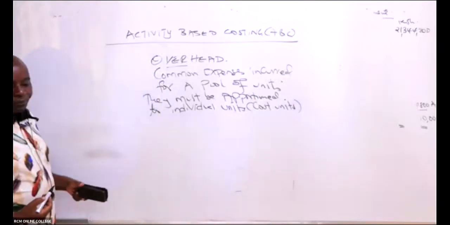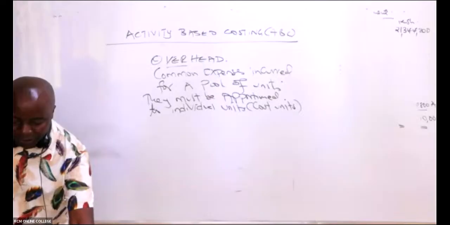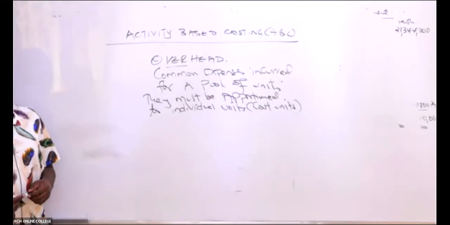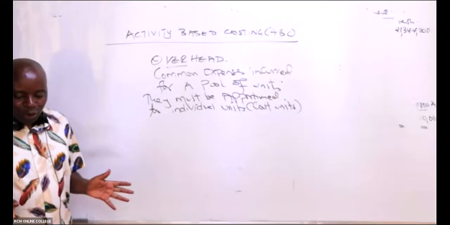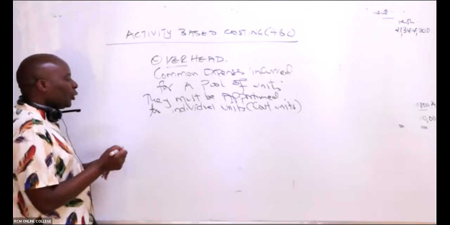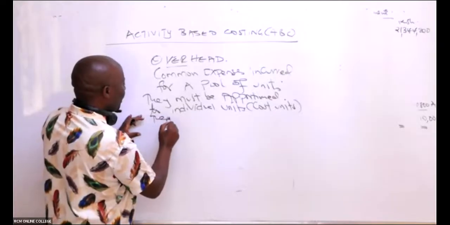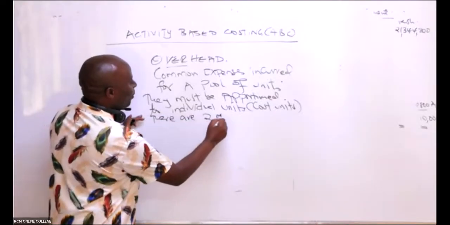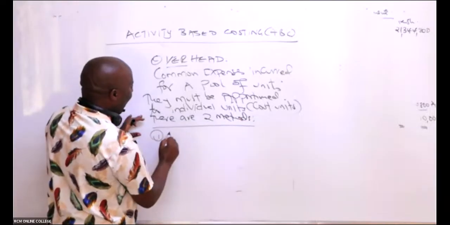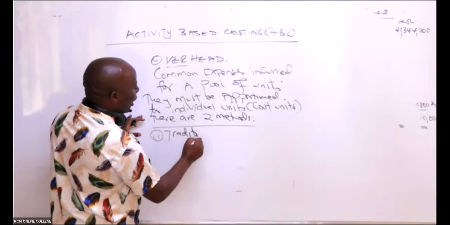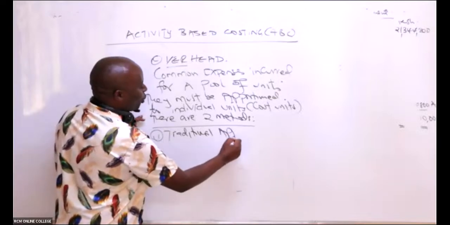For pricing purposes, these overheads must be apportioned. There are two methods of doing the apportionment. Number one, we have what we call the traditional approach.